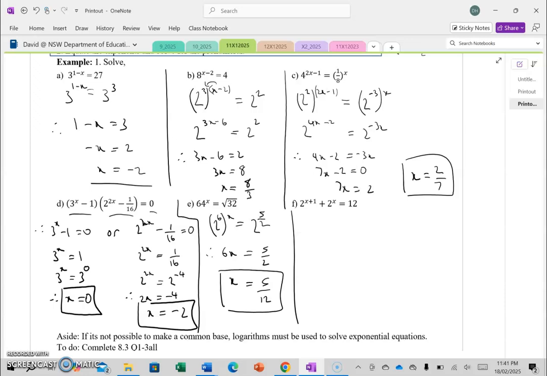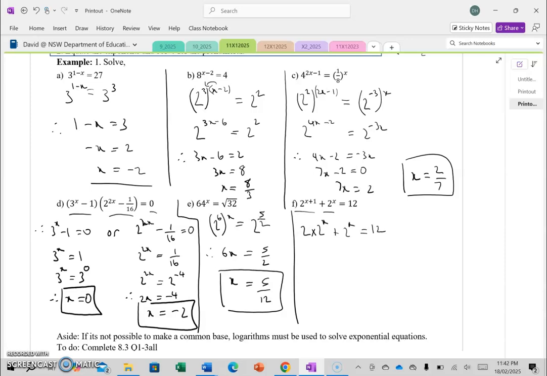Okay, last one. We've got 2 terms here that involve a power of x. That's not very nice. You only want 1 term involving a power of x. So we can manipulate. The first term is 2 times 2 to the x.